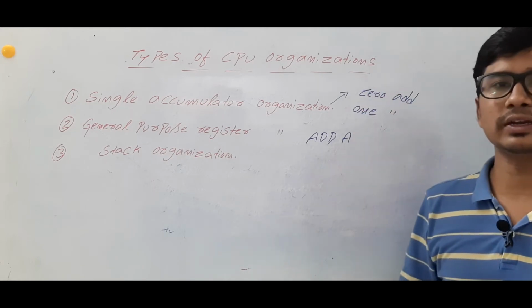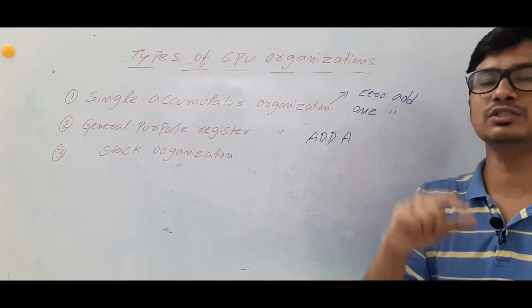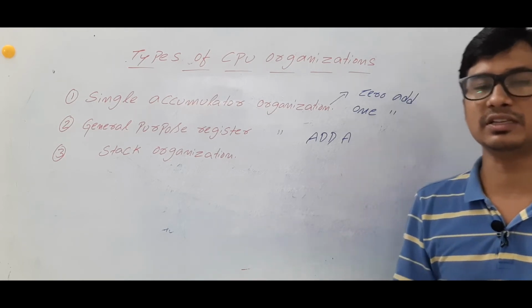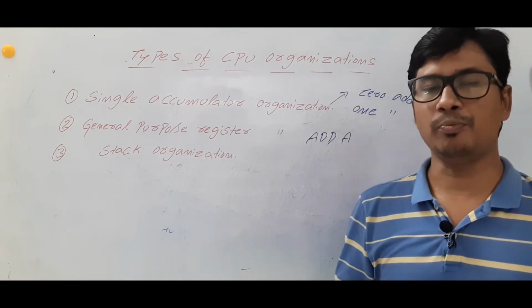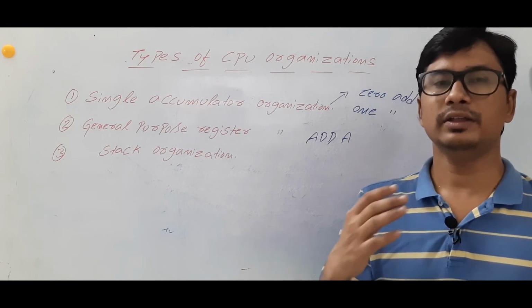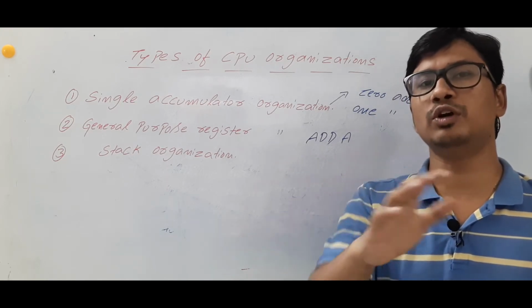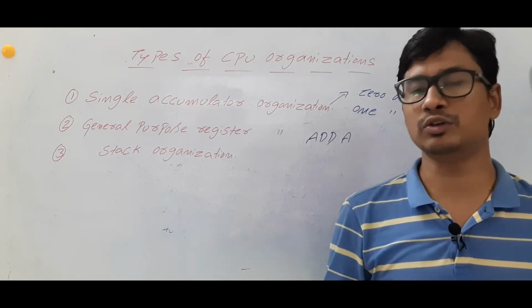What is meant by zero address instructions? The number of operands in the instruction is zero, because every instruction consists of three parts: the instruction mode, the opcode and the operands. The operand tells you on which operands you want to perform the operation. The opcode tells you what operation you want to perform.